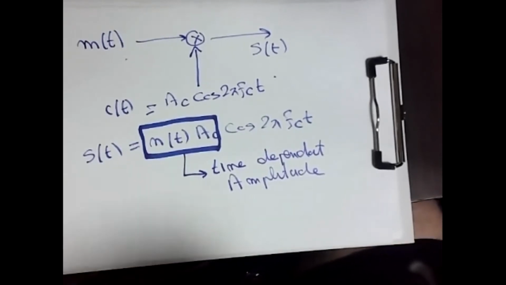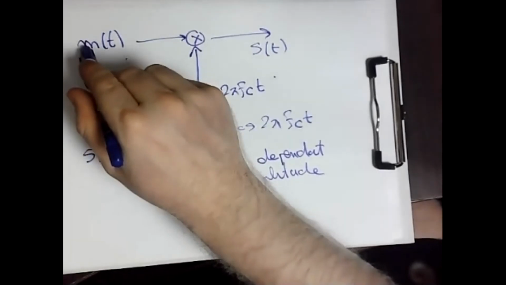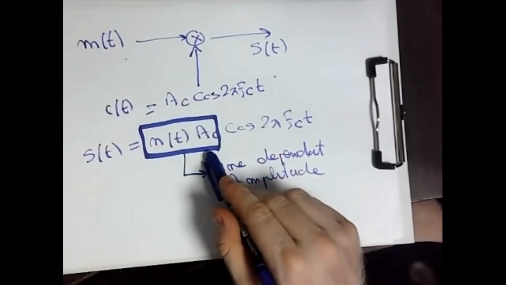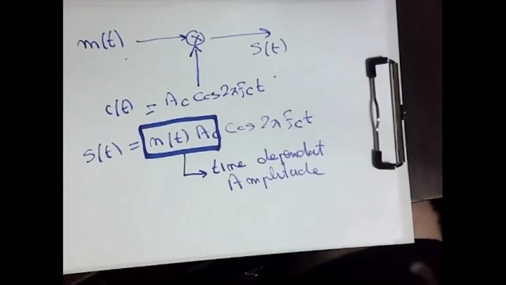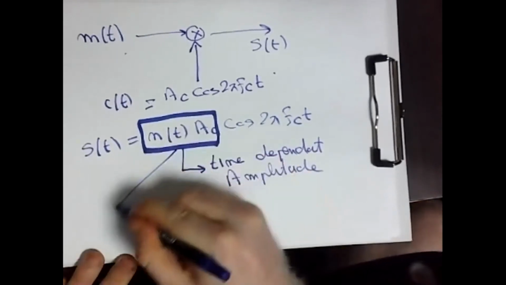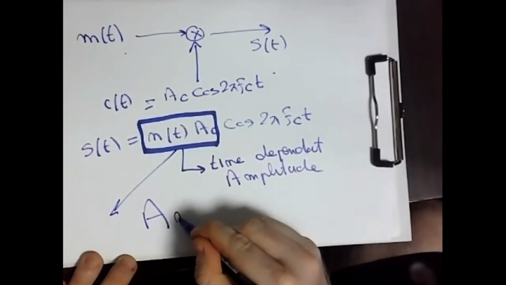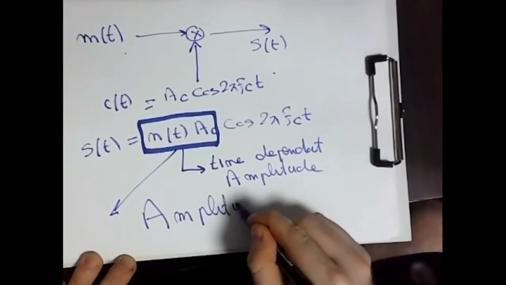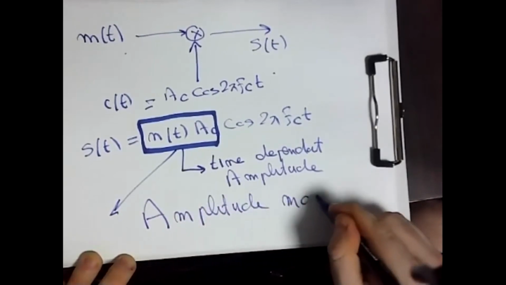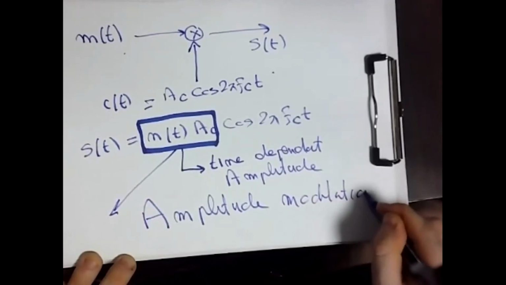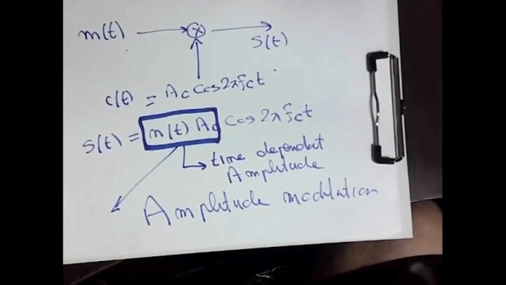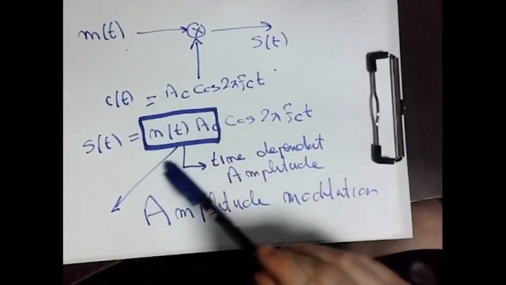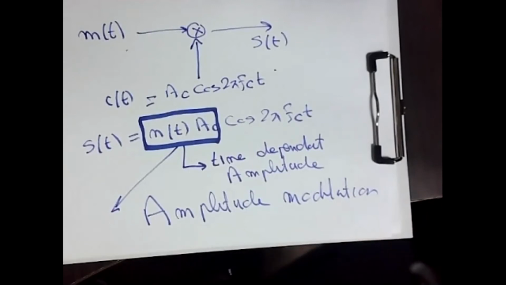It depends on a specific function of time called m of t, which is your message. Your amplitude now carries the message. That's why we call it carrier. So you carry your message in the amplitude, and here we call it amplitude modulation. Why is it called amplitude modulation? Because simply the message content is hidden in the amplitude of your carrier.